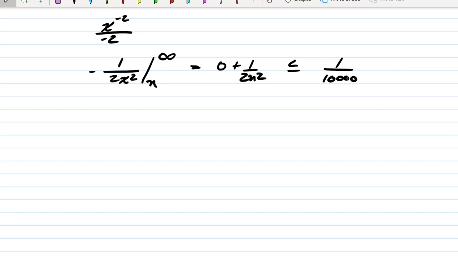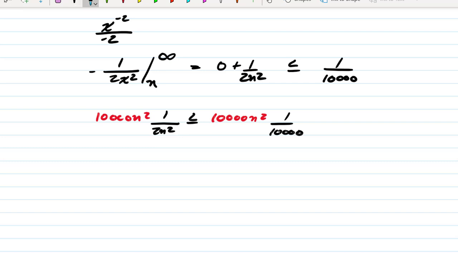So we multiply by our LCD again, which is going to be 10,000 n squared. So we have 10,000 n squared times 1 over 2n squared is less than or equal to 10,000 n squared times 1 over 10,000. And once again, all of our fractions should reduce out. The n squareds go. 2 goes into 10,000 5,000 times. 10,000 and 10,000 reduce out.